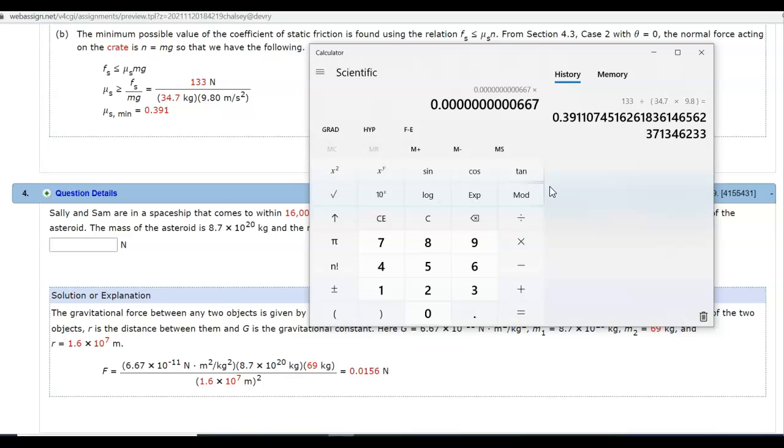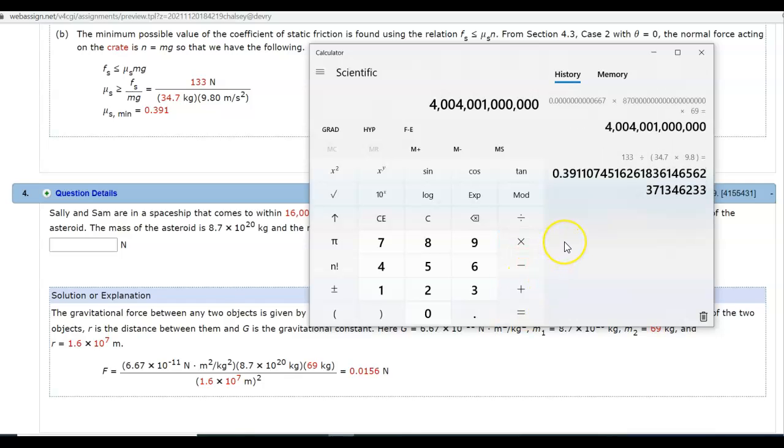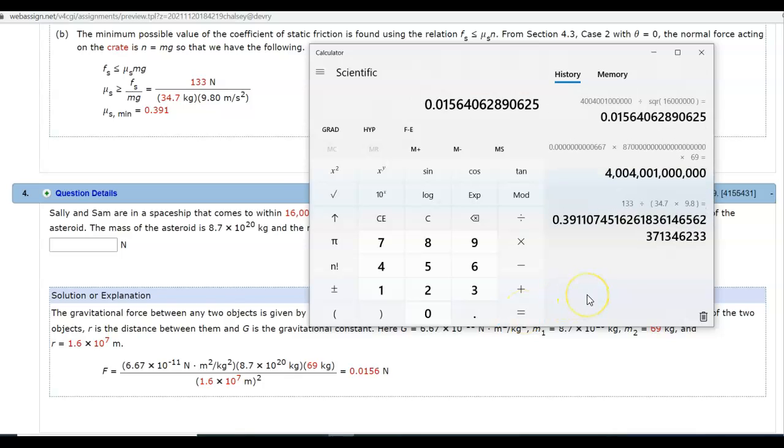And then we multiply that by 8.7 with an exponent of 20 times 69 kilograms. And then I'm going to divide that by my distance, 1.6, with an exponent of 7. And I need that number squared before I hit equal.